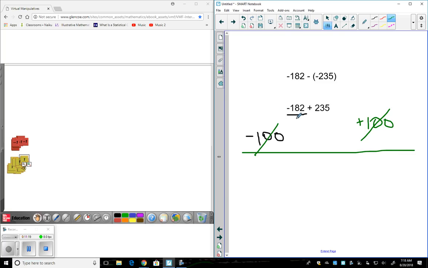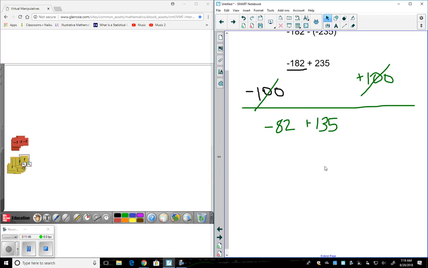So that would mean I am left with 82 on this side, because I took off a negative 100. So that means I'm left with a negative 82. Over here, I took off a positive 100. So that means I'm left with a 135. Okay? So all I did was cancel out what I knew for sure would cancel out.